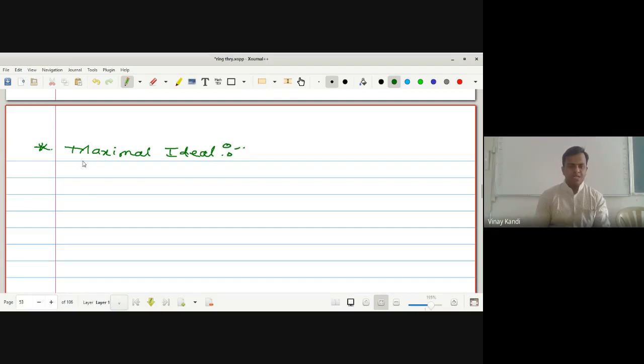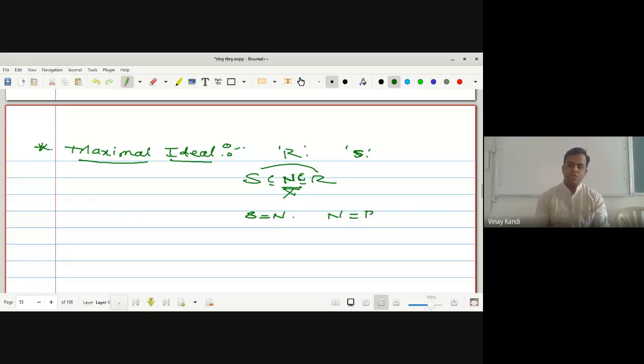There does not exist any proper ideal in between S and R. If suppose R is a commutative ring with unity and S is an ideal of R, then we say that S is the maximal ideal of R if there does not exist any ideal N in between S and R, that is, S is properly contained in N, which is contained in R. No ideal should exist between these two. If an ideal N exists, then it will either coincide with S or coincide with R. Hence we can say that S is the maximal ideal of R.